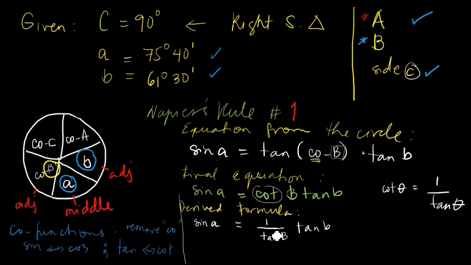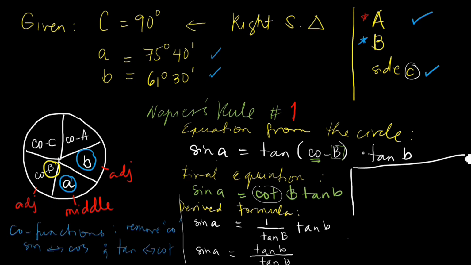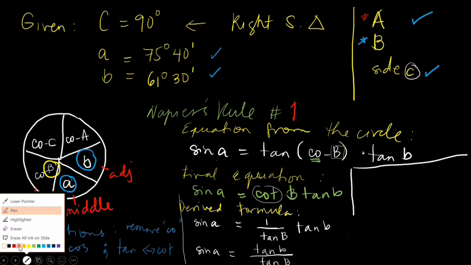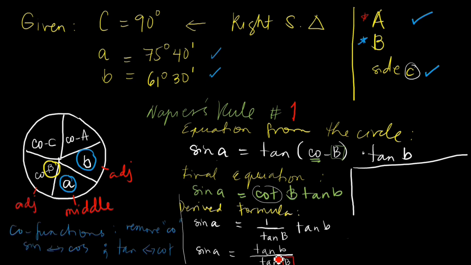Now we need to multiply the right side. So we have sine A equals 1 times tangent of side B, which is tangent B over tangent angle B. Next, I will be removing that portion so that we can write the other parts of the solution. Since what we need is angle B, we need to write it alone on one side.